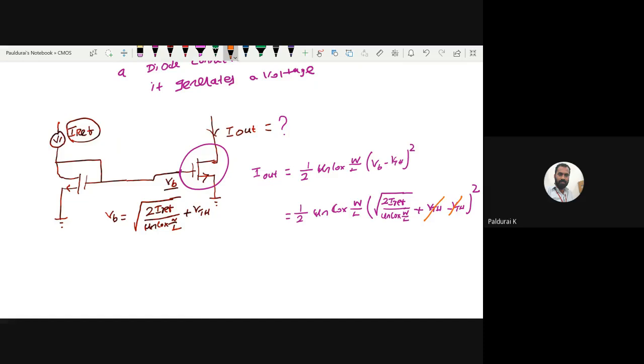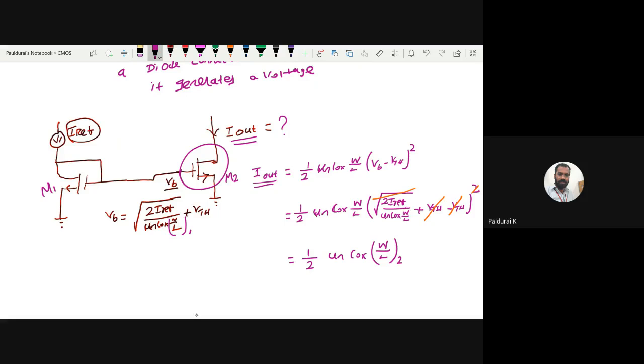Now plus and minus get cancelled. Square root 2 and square get cancelled. So you end up with half mu n C ox and W over L of 2. Take this as M1 and this as M2. Since we are writing the output current equation for MOSFET 2, and this one we get from M1, it becomes W over L of 1.